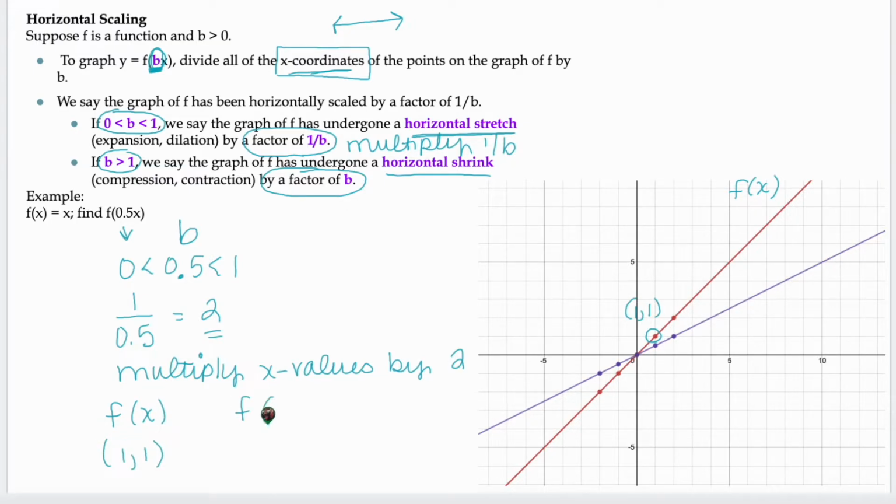And in our new translated, we're doing half of x. So if I multiply our x value by 2, we'll have 2, 1. So I see that we're stretching out since our new value is 2, 1. So we're stretching it out horizontally. So we went in the right direction.